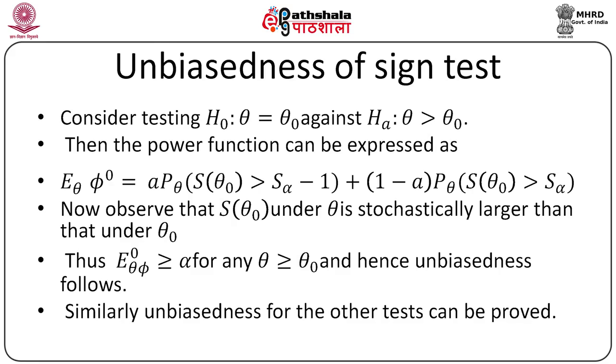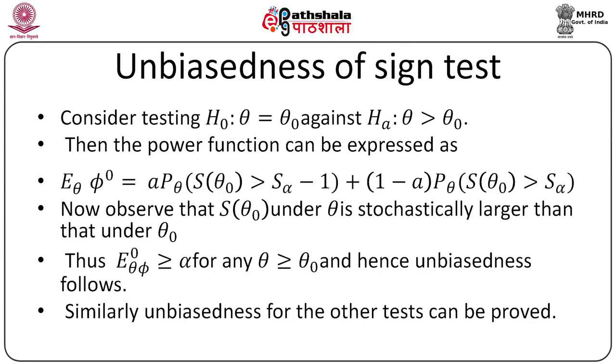Now, S theta naught is expected to be larger under theta than under theta naught. Thus, S theta naught under theta is stochastically larger than S theta naught under theta naught. Then, under any theta, probability under theta S theta naught greater than K is greater than or equal to probability S theta naught greater than K under theta naught.